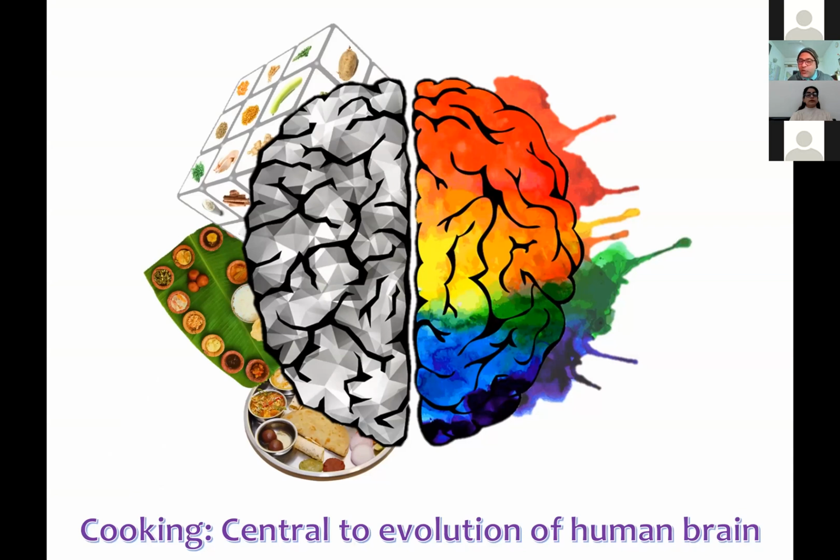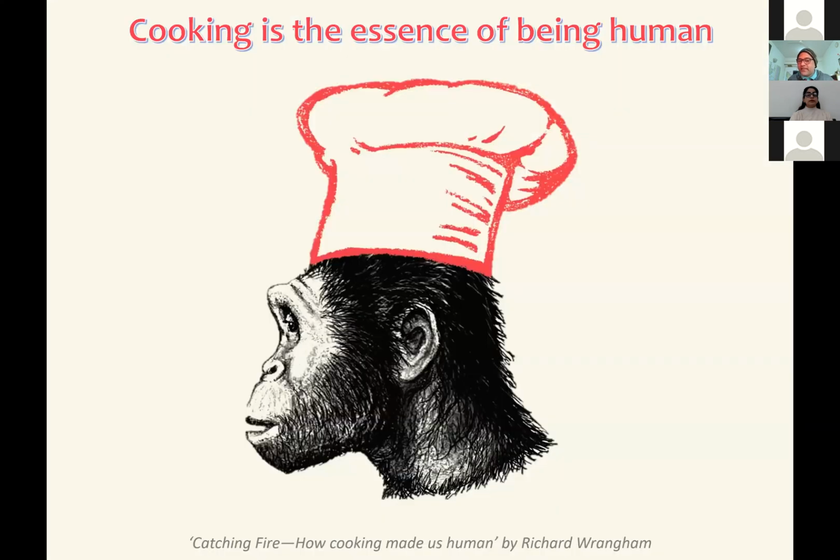And it has been argued that cooking is the central theme which has contributed to the increase in brain size. This argument is made in a book called Catching Fire: How Cooking Made Us Human by Richard Wrangham, who says that cooking is the very essence of being human in the first place.